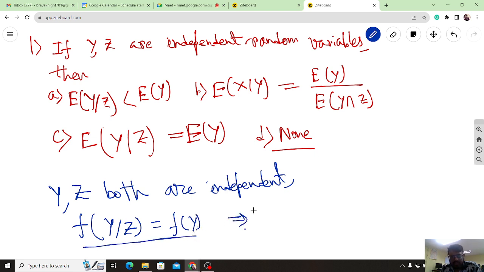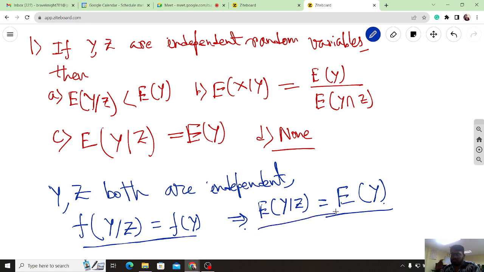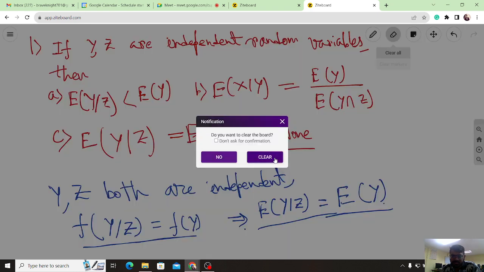This implies expected value of Y given Z is equal to expected value of Y. Okay. Let's go to the second question.